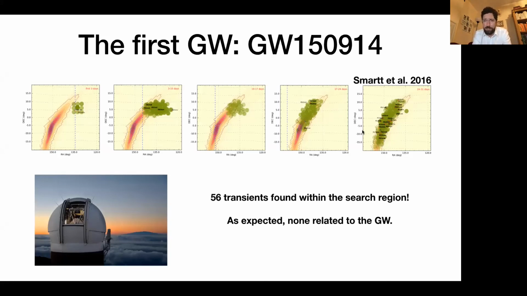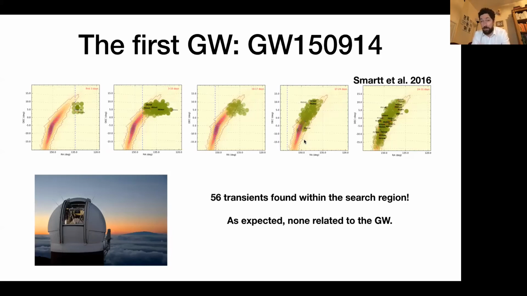Each one of these dots represents an unrelated transient that was found in this region. There are stars exploding as supernovae, flares from active galactic nuclei, and flares from stars in our own galaxy. So the problem with gravitational waves is you have to hunt through this whole haystack of unrelated transients to try and find the one that you're interested in.